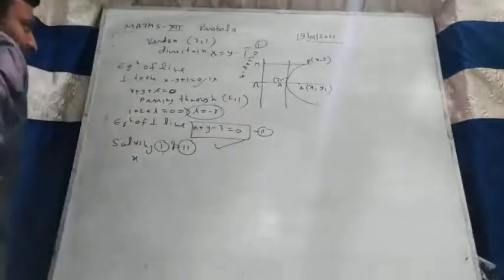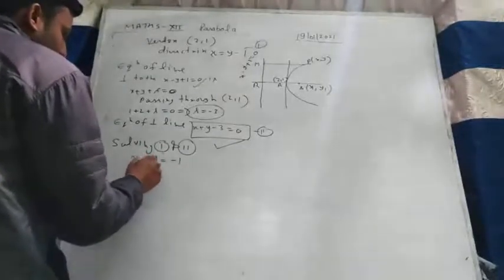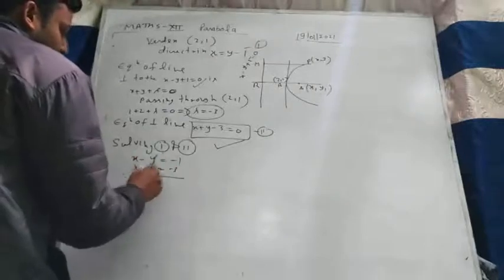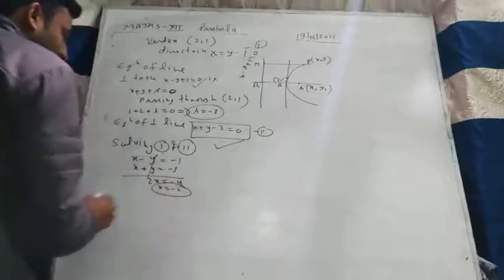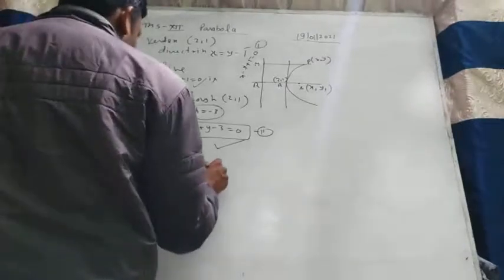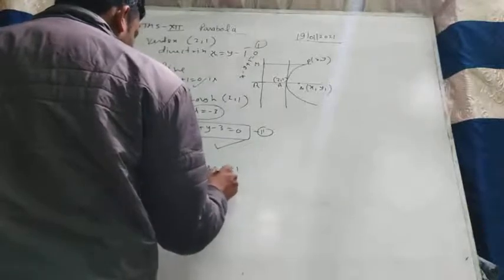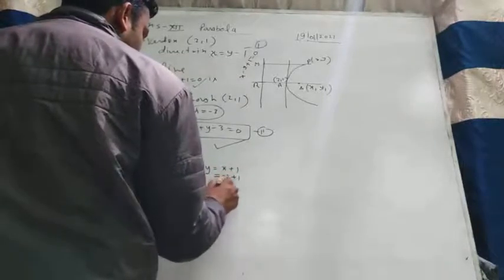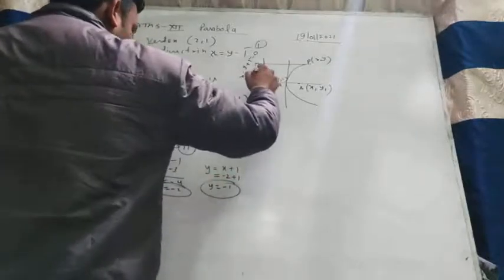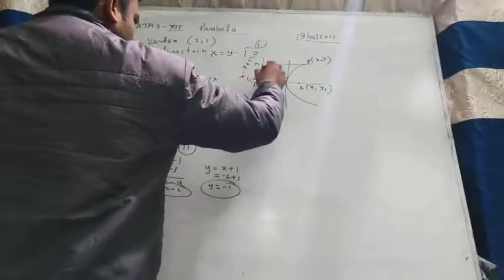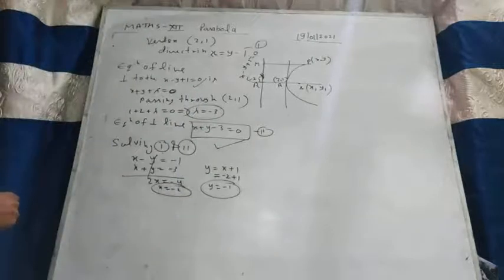Our x minus y is equal to minus 1, x plus y is equal to minus 3. We are getting that 2x is minus 4, so x is minus 2 and y is equal to x plus 1, so y is minus 1. So the coordinate of R is minus 2, minus 1.